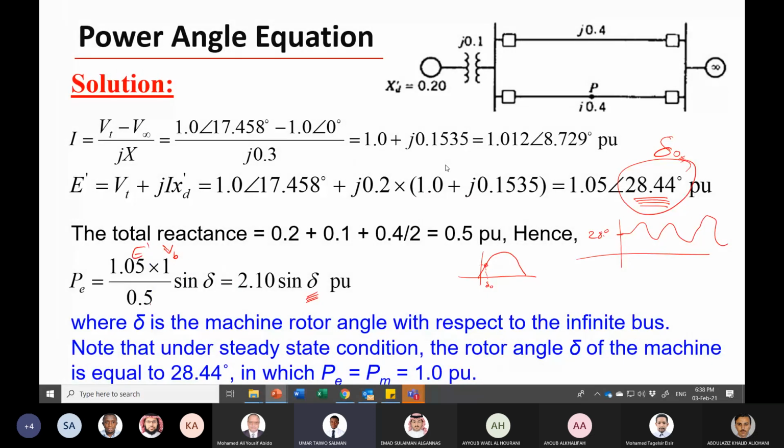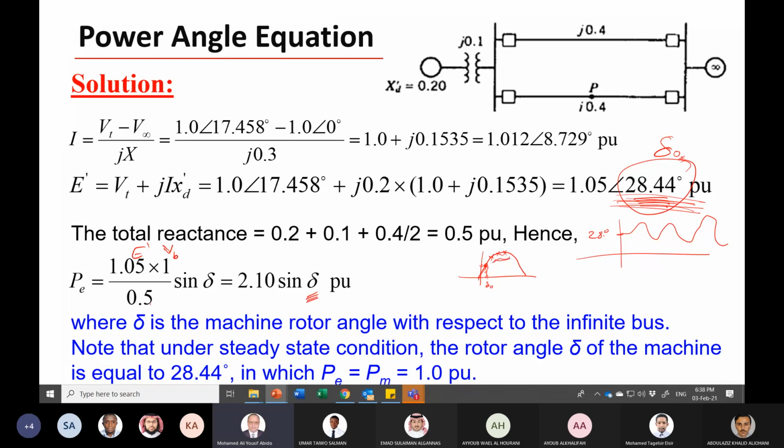Yes, sir. Usually the angle in normal operation is at 30 degrees, somewhere here. This is the normal case for the operation. If you start having angles equal to 70 or 80 or 90, you will be in trouble. This is not the normal operation.